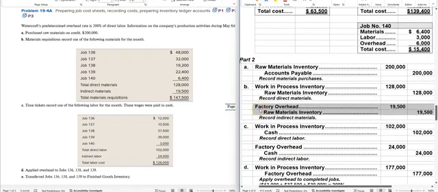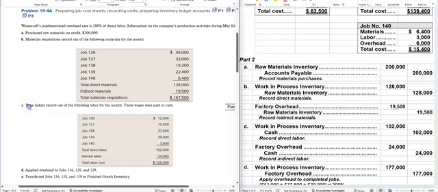Factory overhead is debited for our actual overhead cost. Okay, so we took those costs out of raw materials and put them into the factory overhead account. Again, that is a clearing account, and we're just going to temporarily record those costs in there.